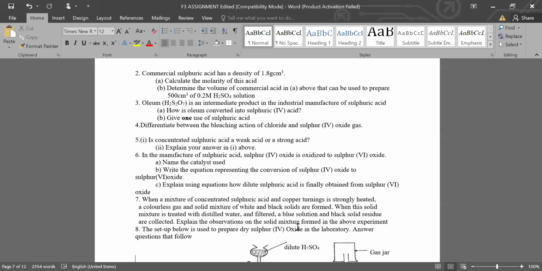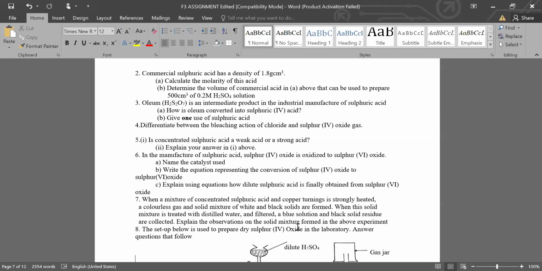Oleum is an intermediate product in the industrial manufacture of sulfuric(VI) acid. Oleum, that is H2S2O7, is an intermediate product in the industrial manufacture of sulfuric(VI) acid.